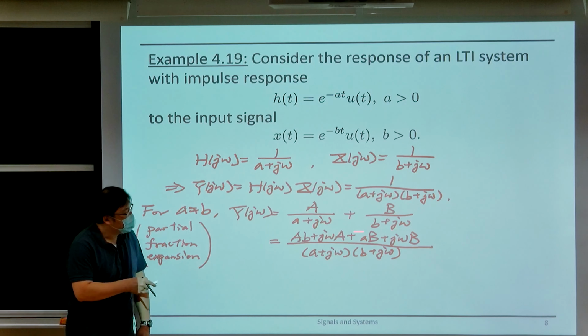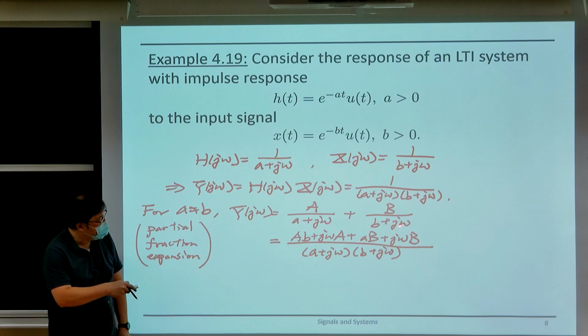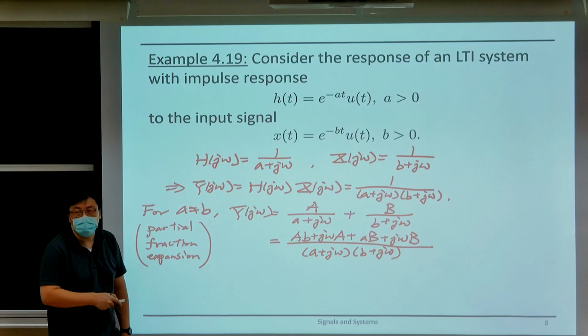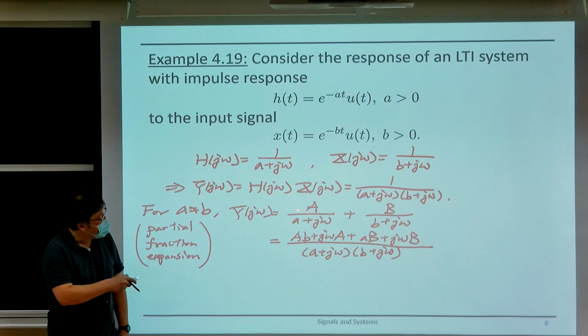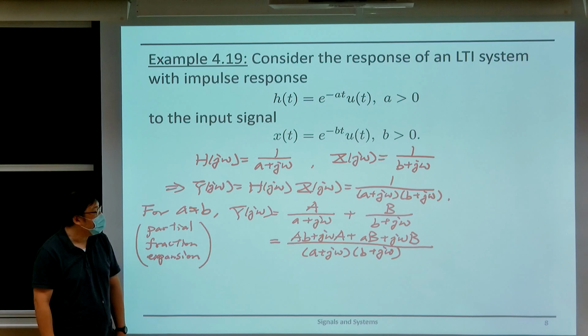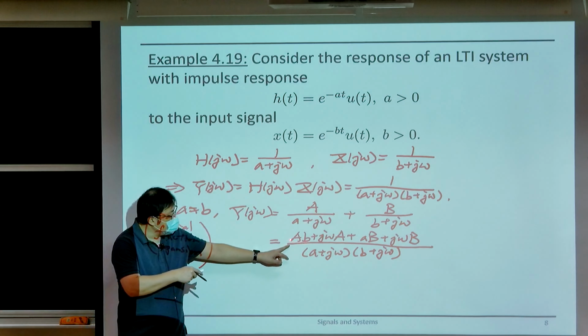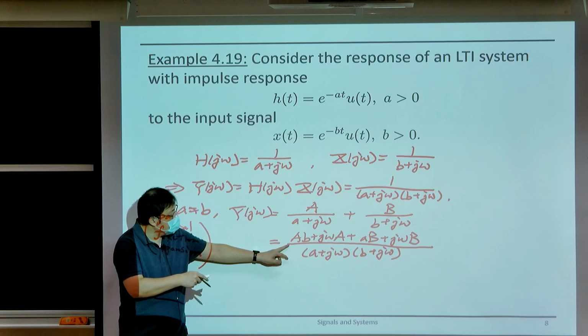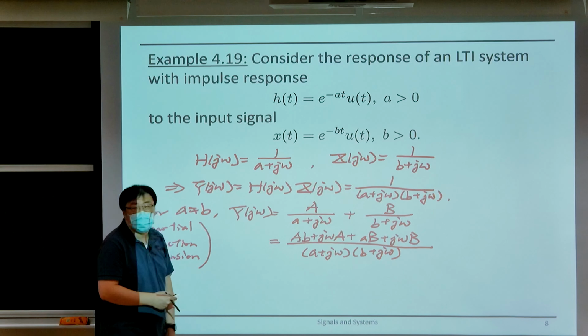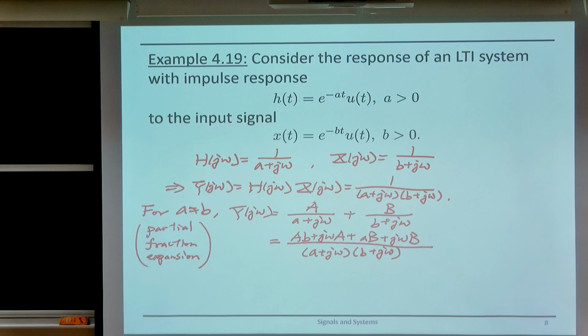When you combine these two, you have the multiplication of these two terms in the denominator, and you have capital A times (b plus j omega) plus capital B times (a plus j omega) in the numerator. And this thing must be equal to 1. So this means that the real part here must be 1, and the imaginary part must be 0.